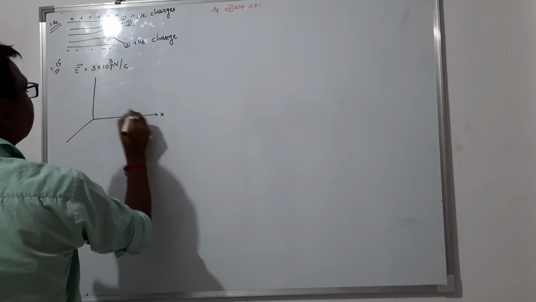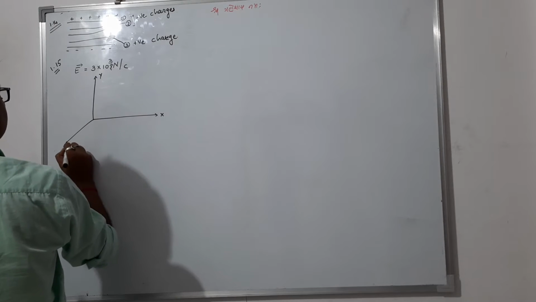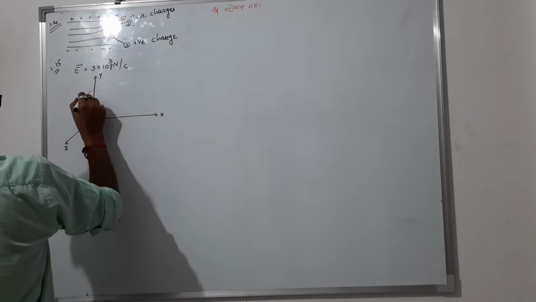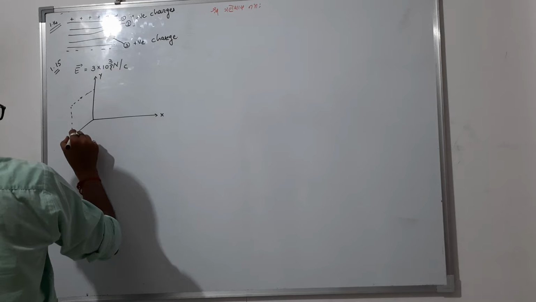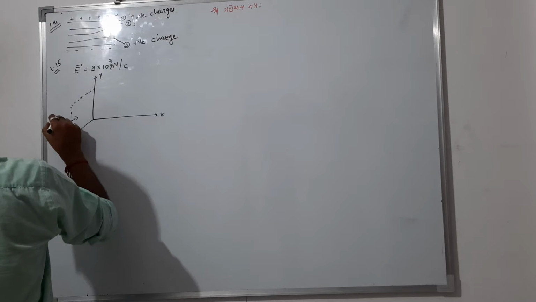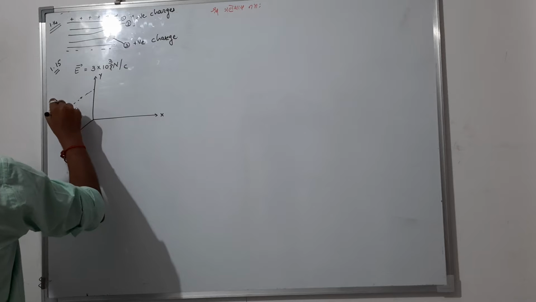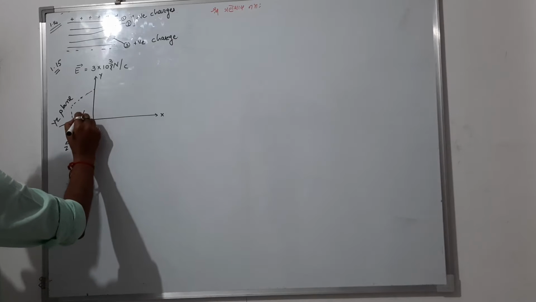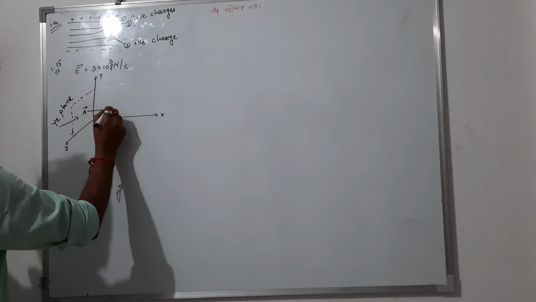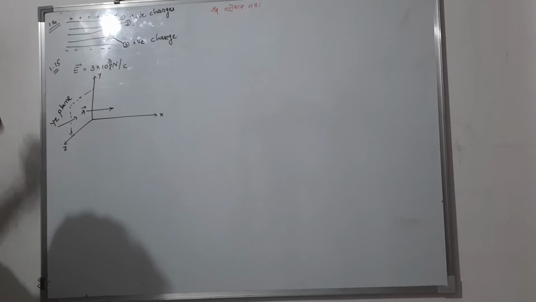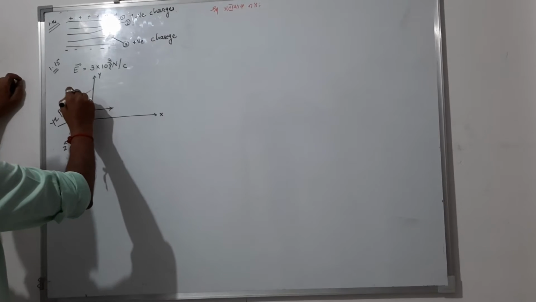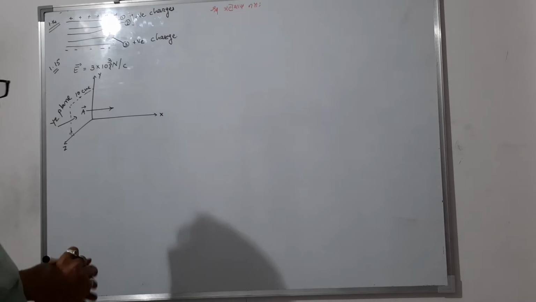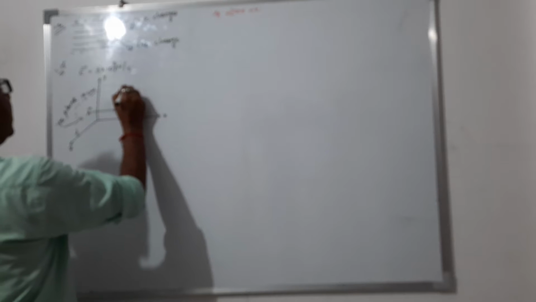See, this is x-axis, this is y, this is z. So here this is the yz plane. So the direction of area of this yz plane must be toward the x-axis, and this is given 10 centimeter over here. Okay, so friends, you have to find out flux.